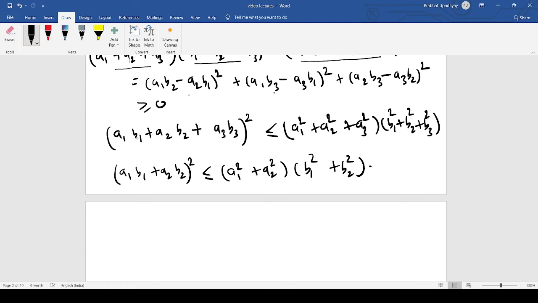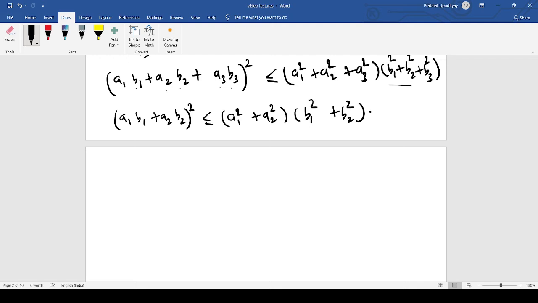And here when I had sequence of three real numbers, I got a1 b1 plus a2 b2 plus a3 b3 square is less equal a1 square plus a2 square plus a3 square into b1 square plus b2 square plus b3 square. So naturally, the next question which I will ask, can we extend this idea for two sequences of n real numbers?